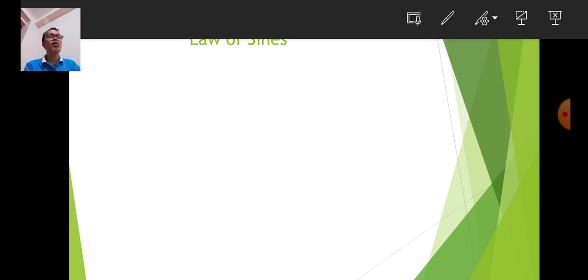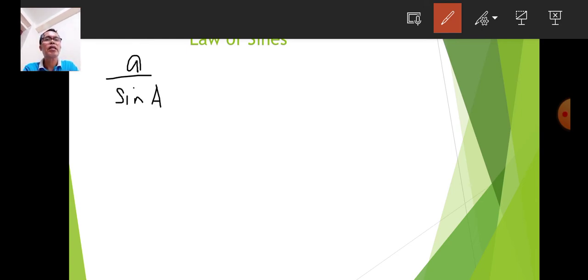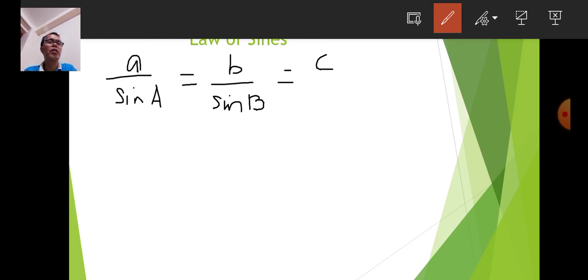So, in symbols, we have A over sine A must be equal to B over sine B must be equal to C over sine C. This is the formula if you are looking for the missing side.